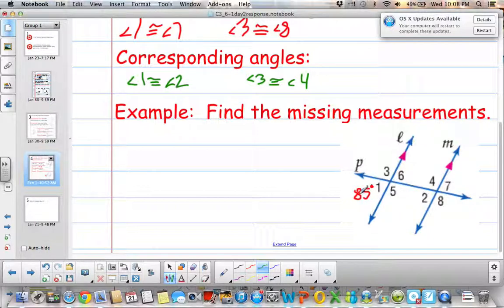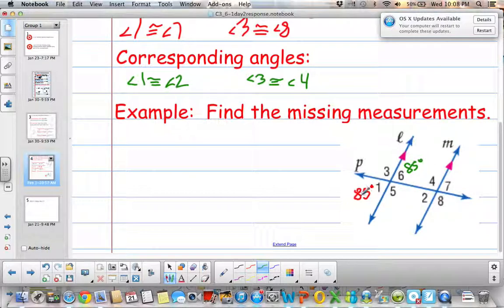Okay? So we know that if we just look at P and L, angles 1 and 6 are vertical angles, and 3 and 5 are vertical angles. So right away, I know that angle 6 is going to be 85 degrees as well. I also know that this line L is 180 degrees, so the angles on it need to equal 180 degrees.